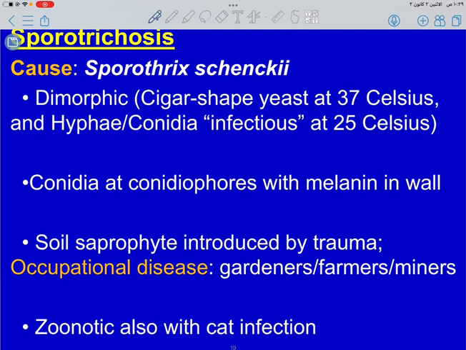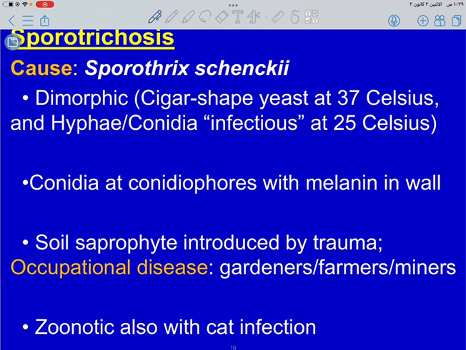Dimorphic هذه الفنجس. شو معناتها dimorphic؟ It can grow at 37 and 25 degrees centigrade. It's called dimorphic. Cigar-shaped yeast at 37. And hyphae with conidia at 25 degrees centigrade.